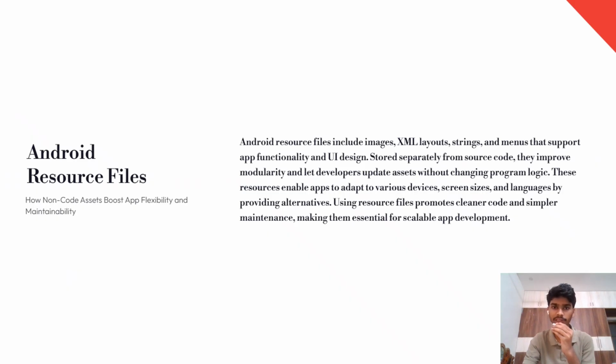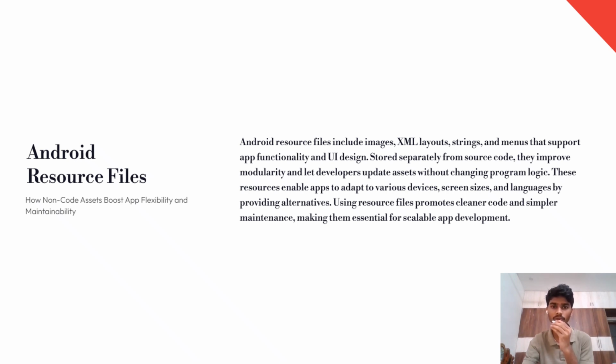Android resource files include a wide range of non-code assets like images, XML layouts, strings, colors, and menus that together support the functionality and user interface of Android applications. These files are stored separately from the source code, which promotes cleaner code, better maintainability, and modularity. Developers can easily update or modify app content, such as changing an image or text, without altering the program logic.